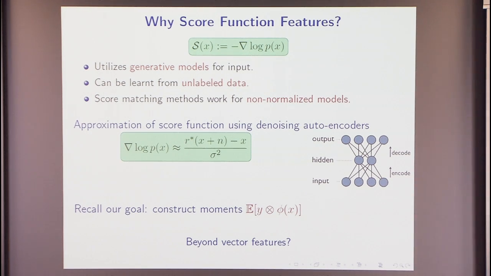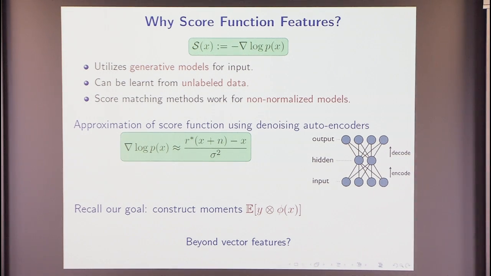The score function is again just a vector. This way we can only construct the first order cross moment between the two. So if, say, y is a scalar, as in the simple case of binary classification, then this moment is just a vector. But we'd like to go to tensors. We would like to go to these higher order moments.